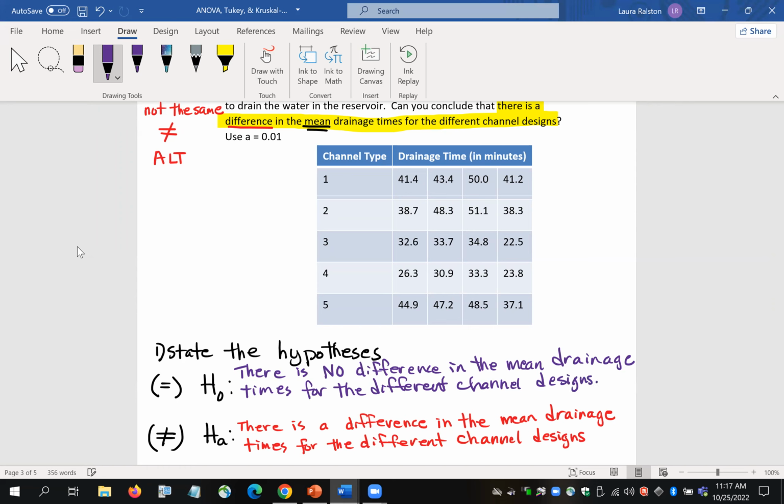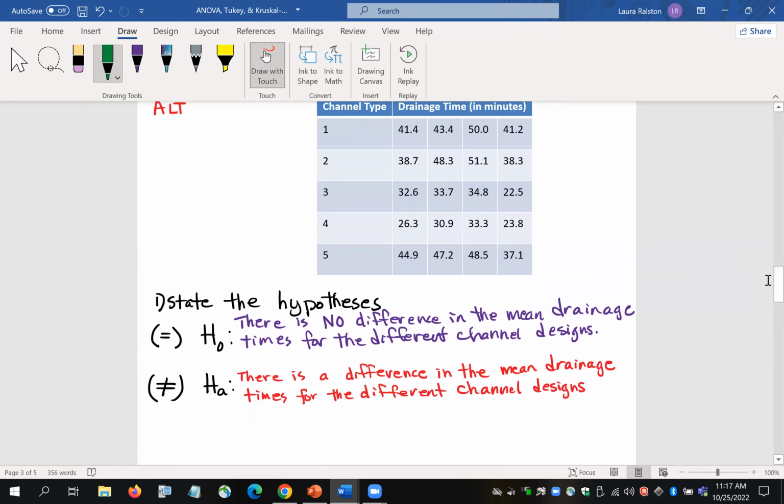And using that in the sentence form is okay. Again, the idea that there's no difference implies equal. The fact that there is a difference implies that they're not equal. Now, the words are perfectly acceptable. I'm completely fine with that.